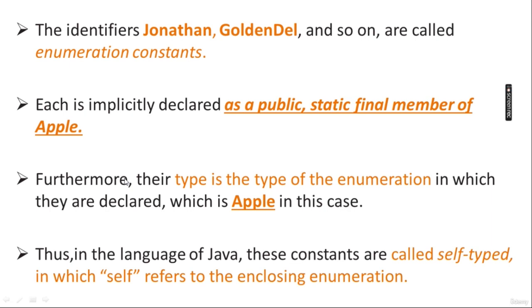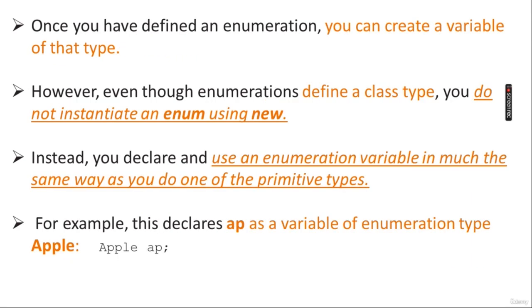Whatever name you give to the enumeration and whatever you write inside it, all those constants will be declared as constants of that particular type. Once you have defined an enumeration, you can create a variable of that type. You are grouping some constants into an enumeration, and you can create a variable of that particular enumeration, like creating an object of a class or a variable of int. Likewise, you can create a variable of that particular type.